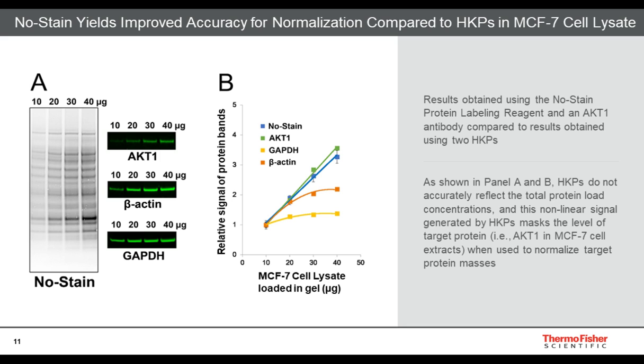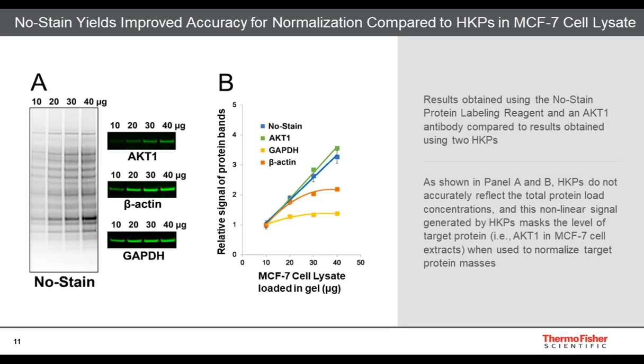But if you look at the beta actin or GAPDH signal intensities, and this is the same membrane probed with these housekeeping antibodies, you can see the signal saturation happening from 20 all the way to 40 microgram for beta actin, and again 20 to 40 microgram for GAPDH. So you are getting this sort of flat line for GAPDH and then beta actin.